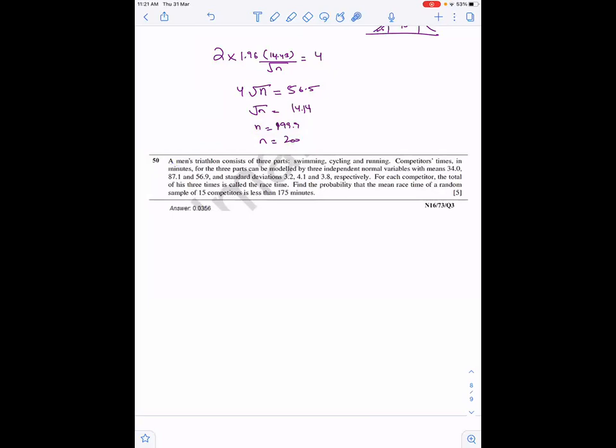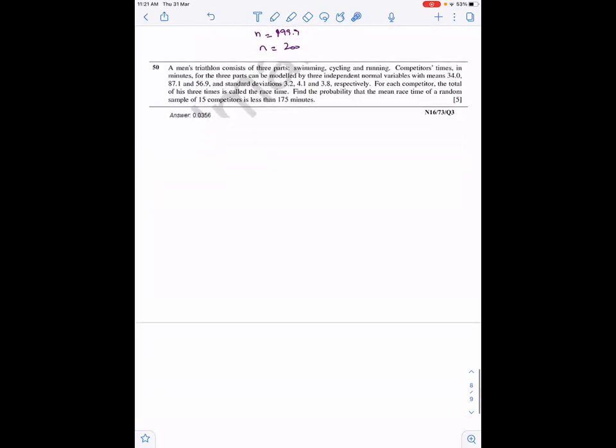Okay, it says a man's triathlon consists of 3 parts: swimming, cycling, and running. Competitors' times in minutes for the 3 parts can be modeled by 3 independent normal variables with given means and standard deviations respectively. For each competitor, the total of his 3 times is called the race time.